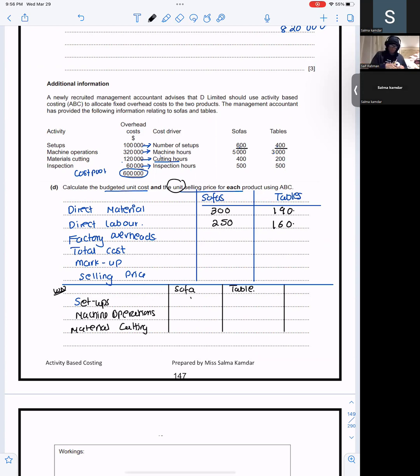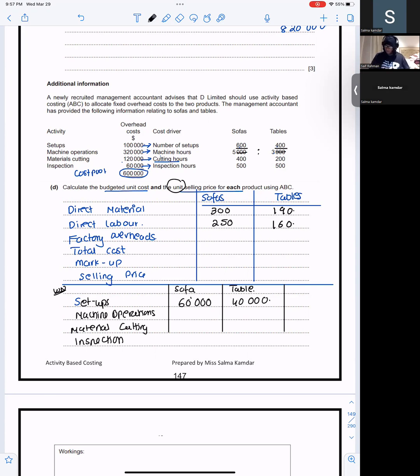This will be 600. So 100 into 600 gives 60,000, and you get 40,000. Machine operations you can divide with the ratio of 5:3. So 320,000 divided by 8.